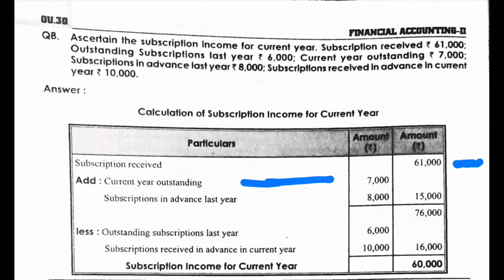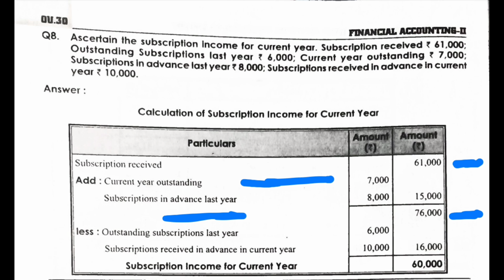So that's why we have to add last year advance if it is given. Now 7,000 plus 8,000 is 15,000. After adding this to the 61,000 we get 76,000.